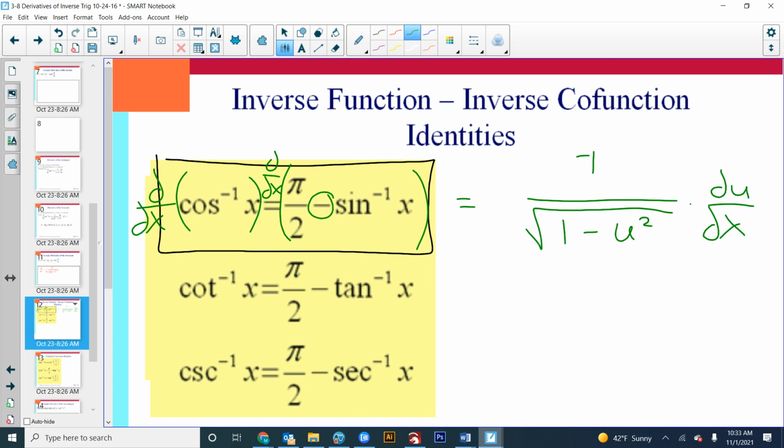So on Friday, when we wrote down sine inverse's derivative, 1 over the square root of 1 minus u squared times du dx, we have a new rule. The derivative of cosine inverse of u is negative 1 over the square root of 1 minus u squared times du dx. What does that mean? What are the implications of that?